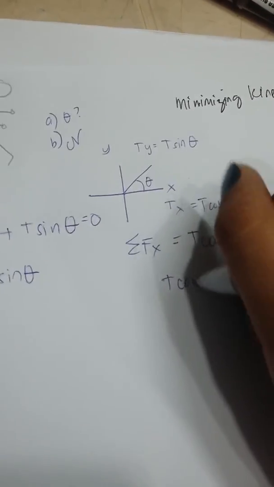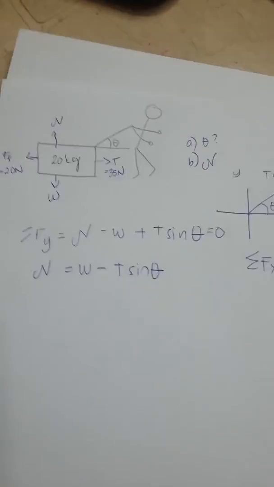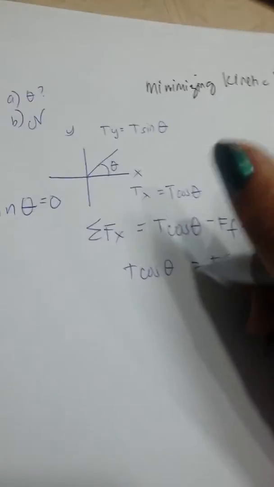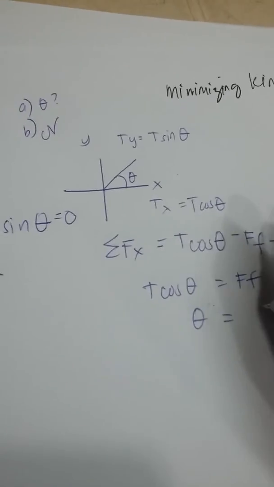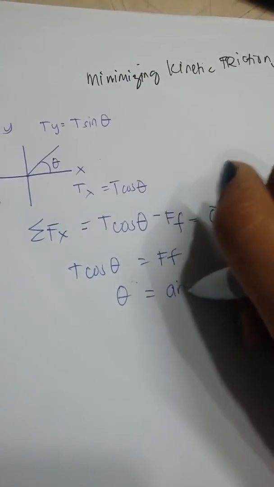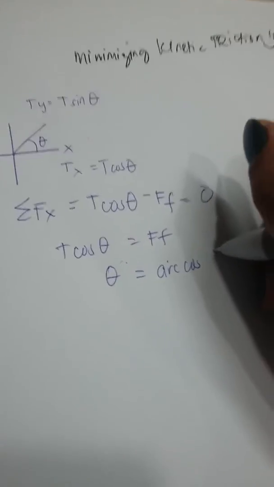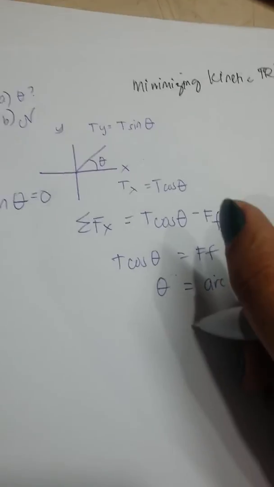So T cosine theta equals the friction force. Since we don't have theta, we will derive this formula. Theta would be equivalent to the arc cosine of the friction force divided by T, or the tension.